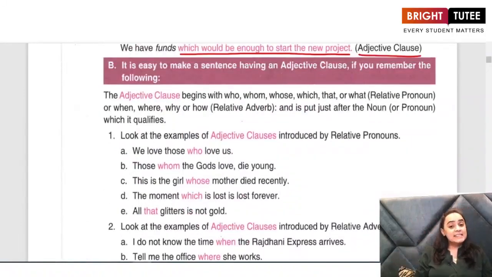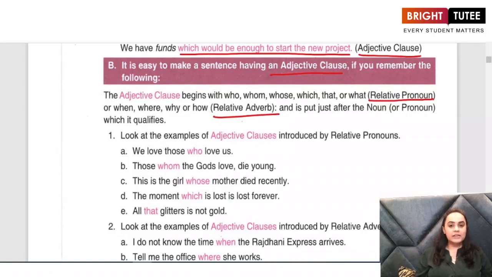Now, it is easy to make a sentence having an adjective clause if you remember the following rule. First, the adjective clause will either begin with a relative pronoun or it will begin with a relative adverb.